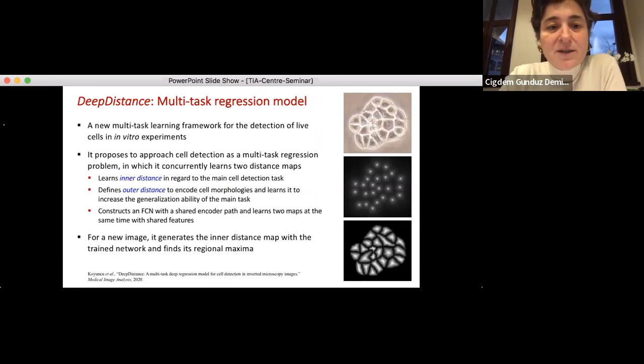So that is the model that we developed for detecting live cells in vitro images. So this model proposes to approach cell detection as a multitask regression problem in which it concurrently learns 2 distance maps. So the first one is the inner distance. So it is learned in regard to the main cell detection task.